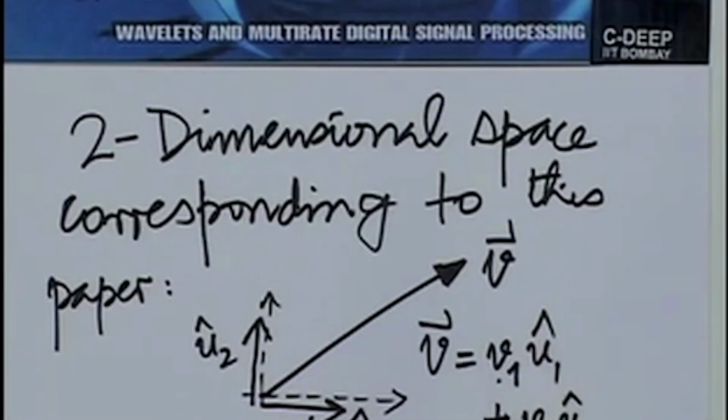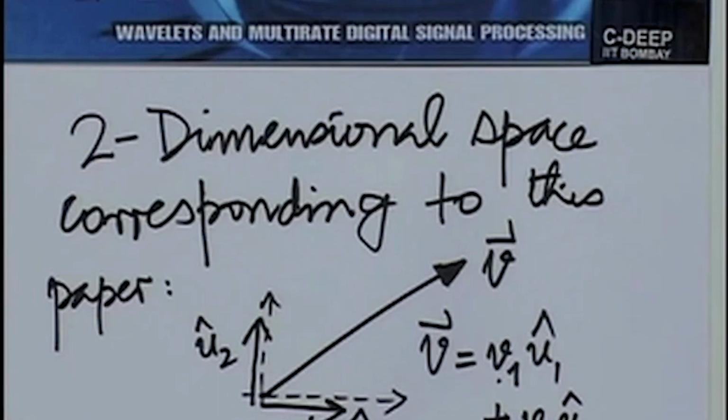In fact, one infinity of such coordinate systems can be generated simply by rotating this coordinate system of u1, u2. It is very easy to see that if I take this structure u1, u2 and rotate it by any angle in this two dimensional plane, it would give me a new coordinate system.